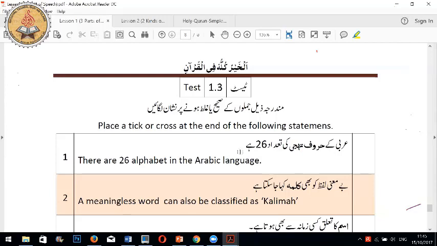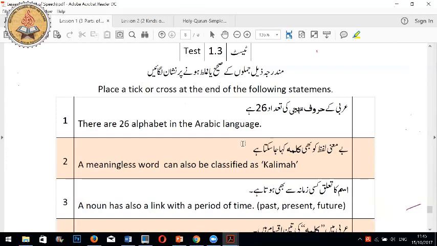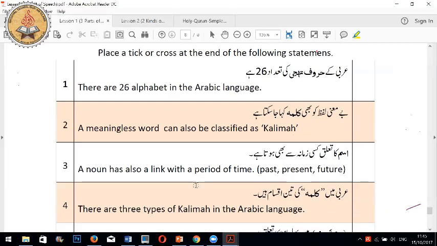A meaningless word can also be classified as kalima. Think over, reflect on your notes, and then tick or cross, correct or incorrect. Number 3, a noun has also a link with a period of time, past, present and future.